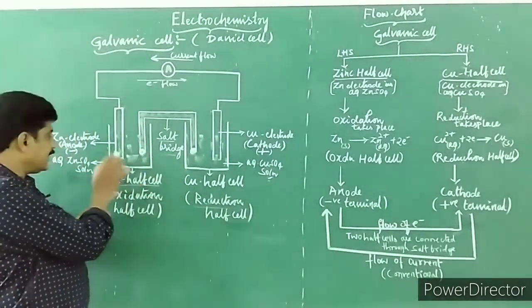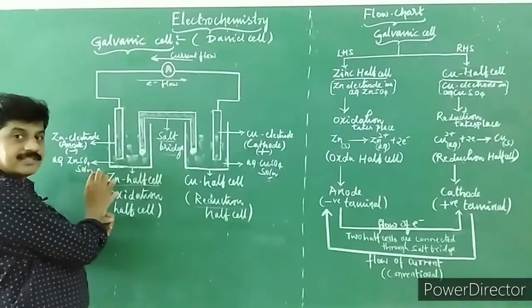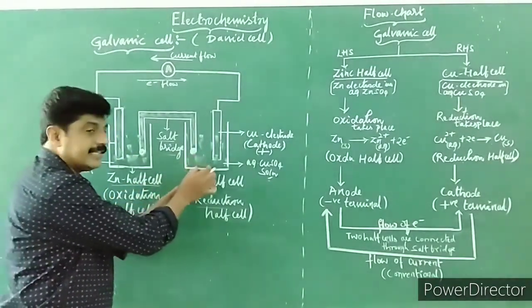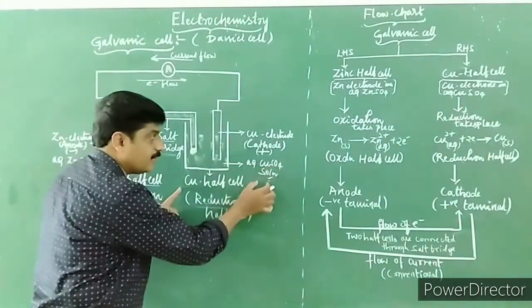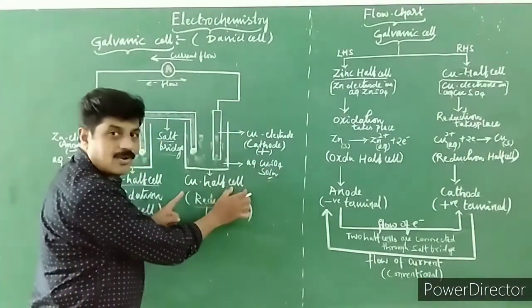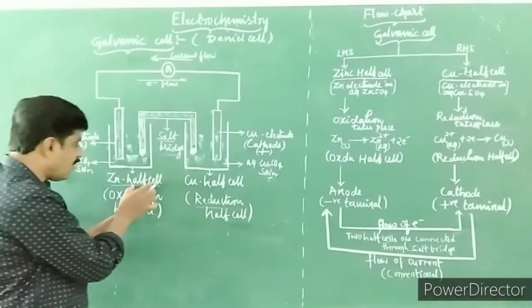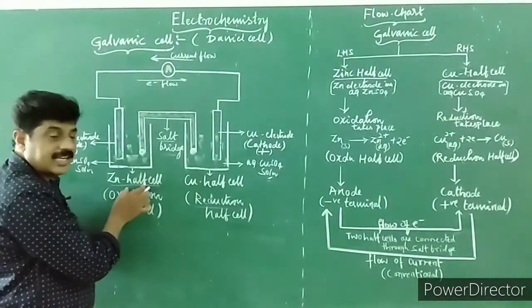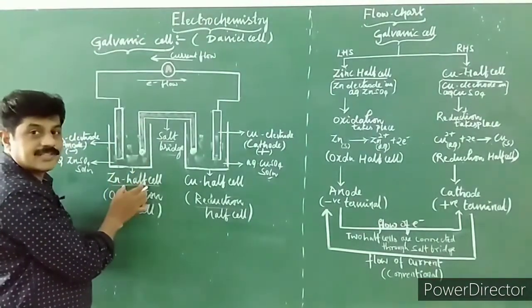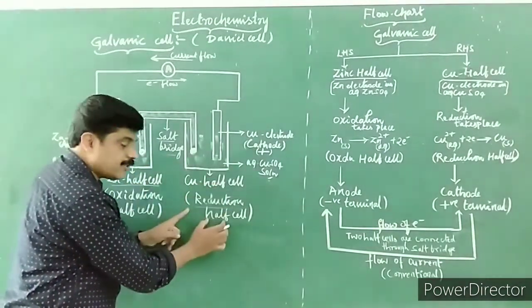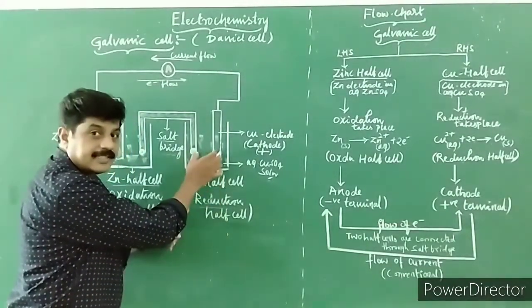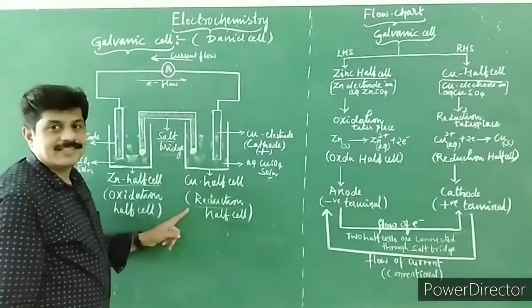The container containing aqueous zinc sulfate solution and a zinc rod is called the zinc half cell, and the container containing aqueous copper sulfate solution and a copper rod is called the copper half cell. Now the zinc half cell is also called the oxidation half cell because oxidation takes place in it, whereas the copper half cell is also called the reduction half cell as reduction takes place in it.